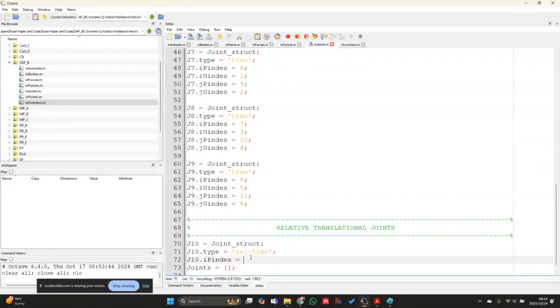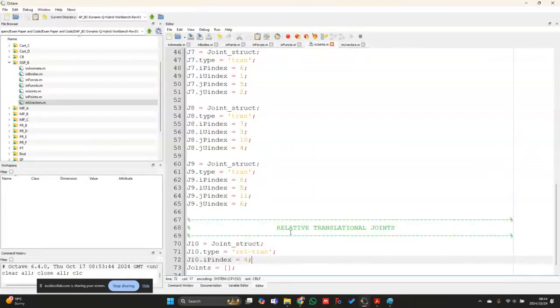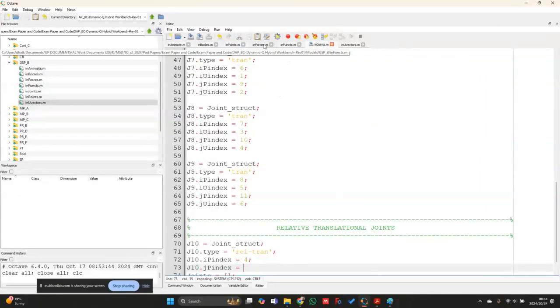All right. So if we then go over to our points and we just want to extract point AP1 over here, that is point 4. Then that would be the IP index, and then J10.JP index is then point CP0.